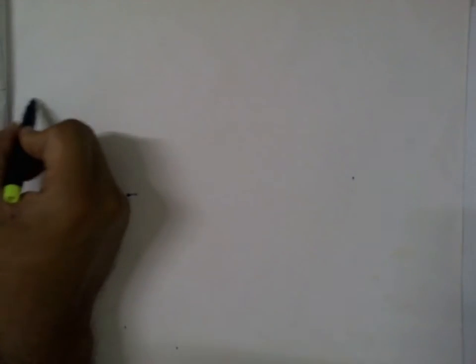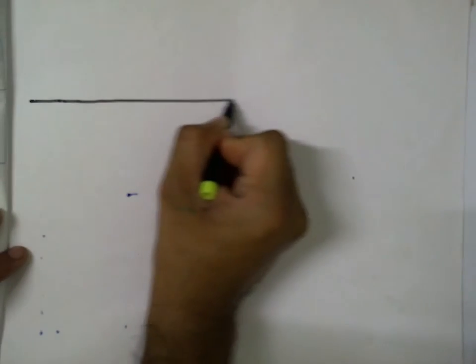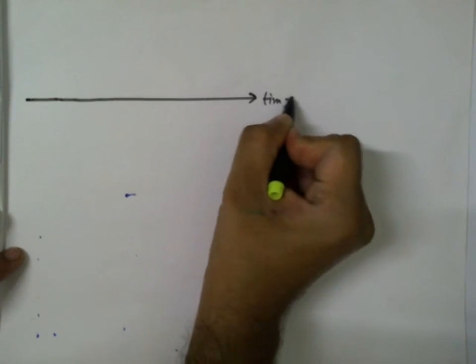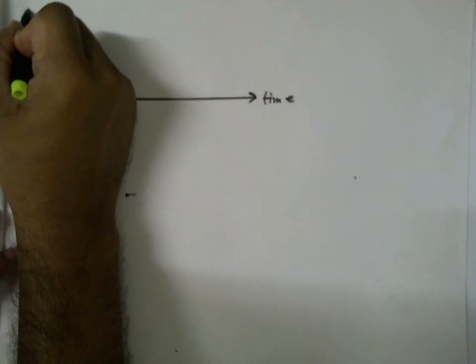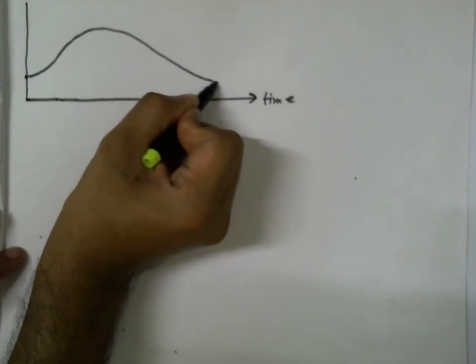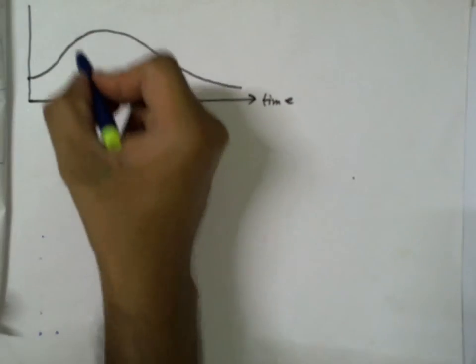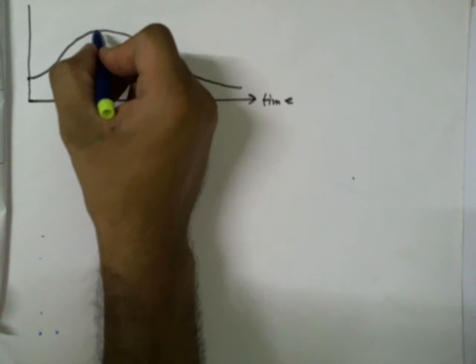Let's move on to a fresh page. Okay, so here I have the time axis. This is the rate of fuel burning. I'm just repeating what I just said in the previous slide, previous paper.